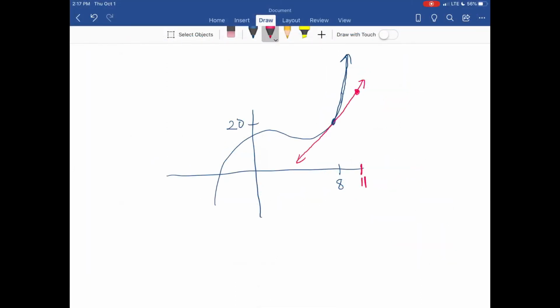And lastly, for that problem, just to give you a visual of what we did, I made this f of x up, but we essentially worked with what we knew, which was the red line. Because we knew that at 8, that y value was 20 and the rate of change was 5, so I know this had a slope of 5, we were able to make an approximation for what that y value would be at 11. So oftentimes you'll notice, maybe we were a little far off, maybe we were pretty close, we don't know, because we didn't know what the graph of f of x looked like.